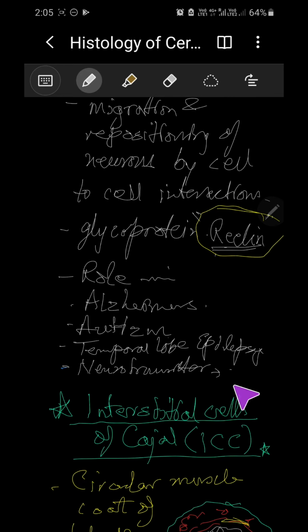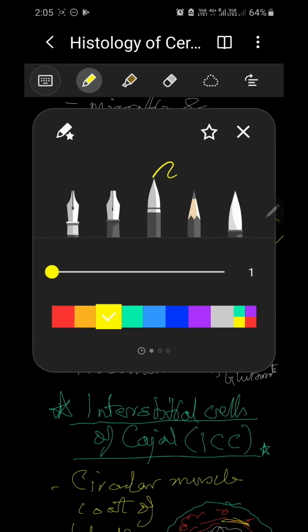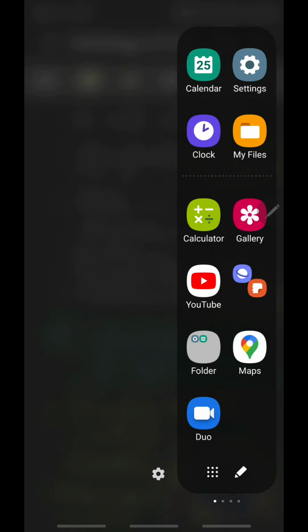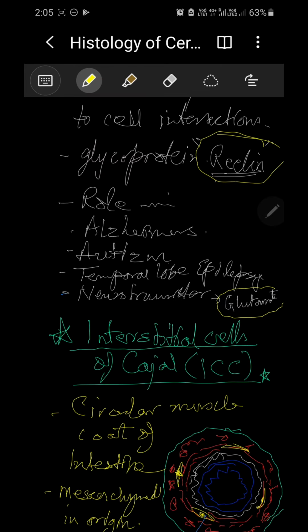Which neurotransmitter do these horizontal cells of Cajal secrete? Remember that it is glutamate. This is important. These are a few things which I am underlining because they might become a question sometime in the form of an MCQ. So this is glutamate.